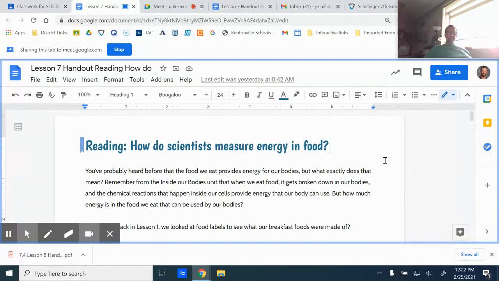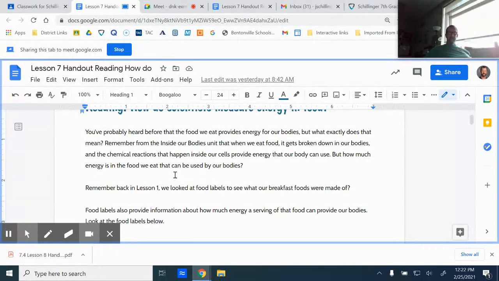But what exactly does that mean? Remember from the inside of our body unit, which is not something we did, but you did talk about this in 5th grade, food gets broken down in our bodies in a chemical reaction that happens inside of our cells and provides energy that our bodies can use. But how much energy is in the food that we eat that can be used by our bodies?